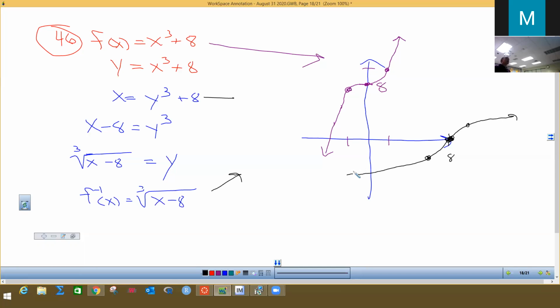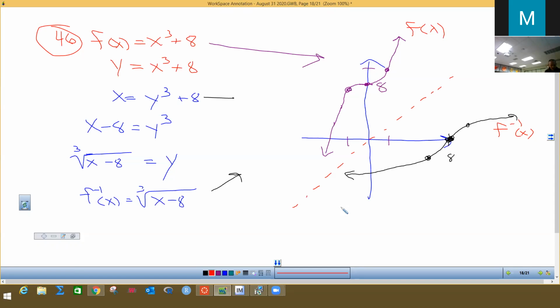Now, something I've not told you yet is that inverse graphs are symmetric to the line y equals x, which goes through a y-intercept of 0 and has a slope of 1. So if you fold the regular function and the inverse function over the line y equals x, they should land on top of each other. So that's what those two graphs look like.